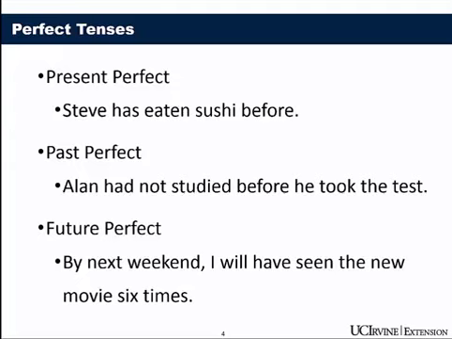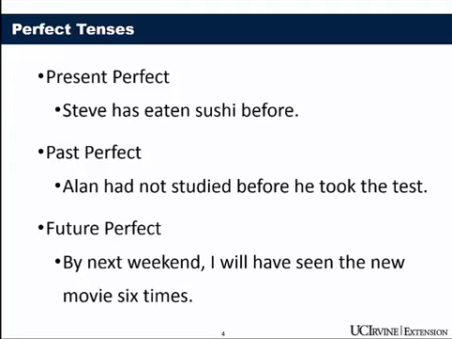The emphasis with present perfect is to show that something happened in the past before now. So it's related to the present, but it shows something from the past. So in the first example, Steve has eaten sushi before. When did he eat sushi? It was sometime before now, but we don't know when.